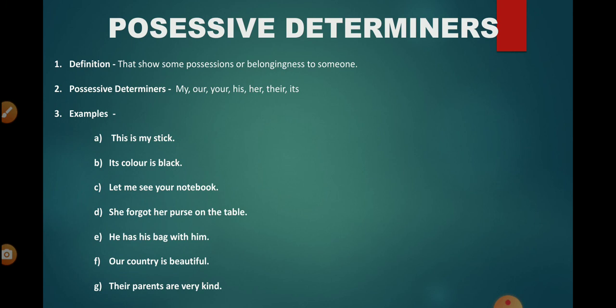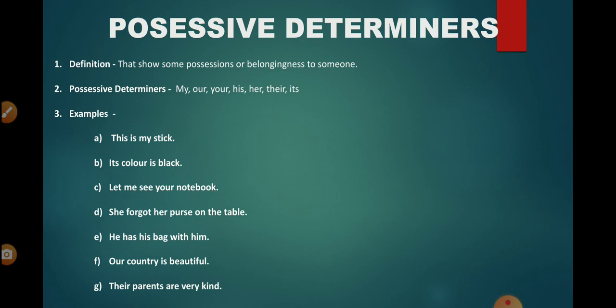Its color is black. Let me see your notebook. She got her purse on the table. She has his bag with him. Our country is beautiful. Their parents are very kind. So these are the possessive determiners, which need not much explanation.